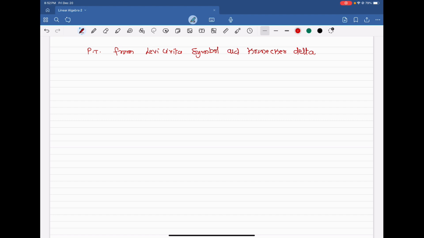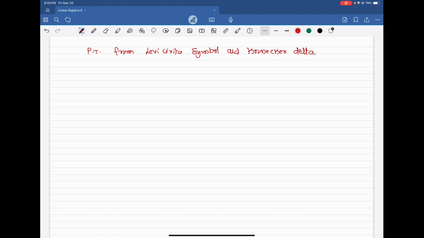What we have to prove? A cross... that scalar product, vector product properties we can prove using Kronecker delta and Levi-Civita symbols, concepts we can prove very easily instead of learning by heart the things.